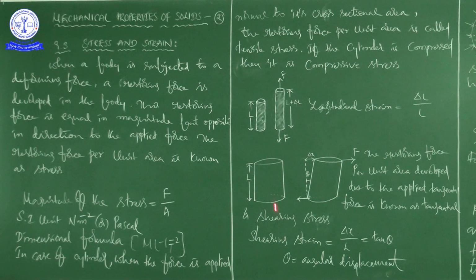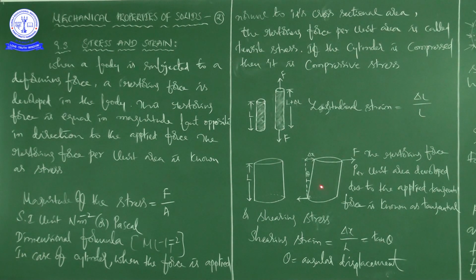And the position where you are going to apply force will also be different. So here you apply the force here and here. Compressive means the opposite direction. But here you are going to apply the force tangentially, okay, right.